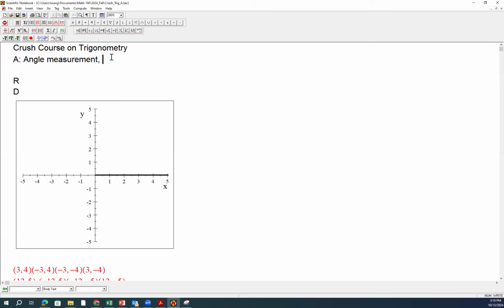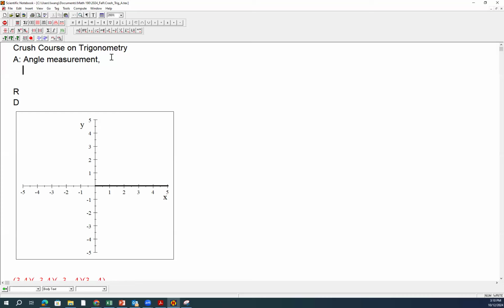And these angles may be positive or may be negative, okay? So let's see how we call it a positive angle. A positive angle is measured from this position counterclockwise.